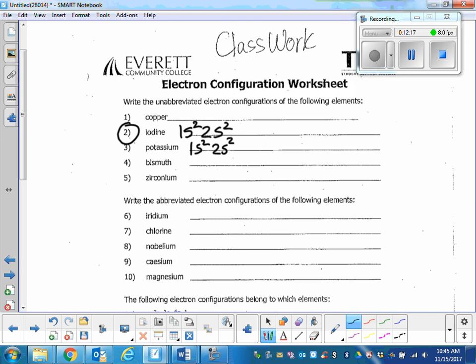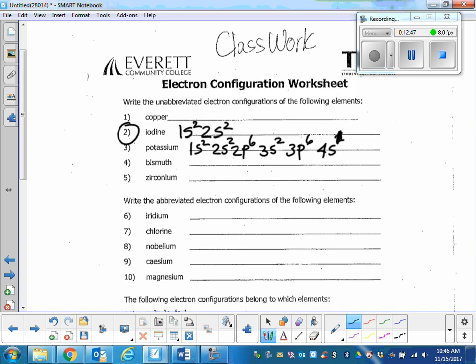What fills after 2s2? 2p6. What fills after 2p6? 3s2. What fills after 3s2? 3p6. What fills after 3p6? 4s. Potassium is 4s1.